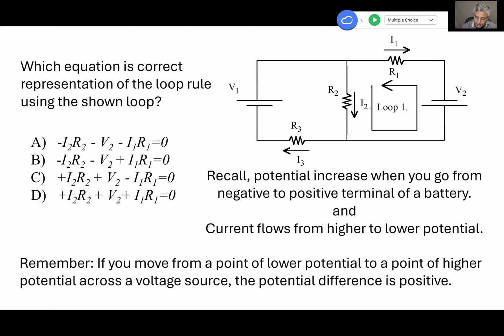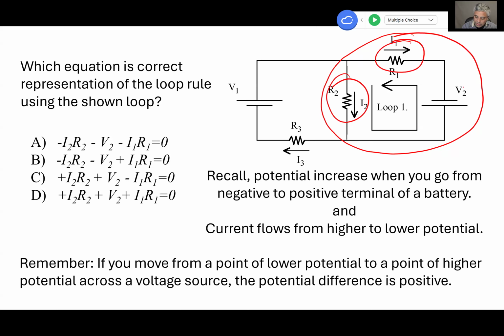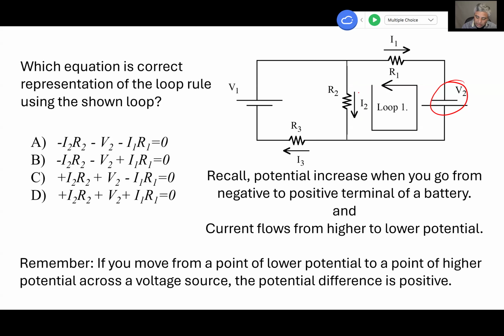So here the loop is going something like this. So this is a counterclockwise loop, right? So you are including these three elements, 1, 2, and 3. So the direction of current is shown and the loop is given. Okay, so that means now you should be able to write the loop rule.